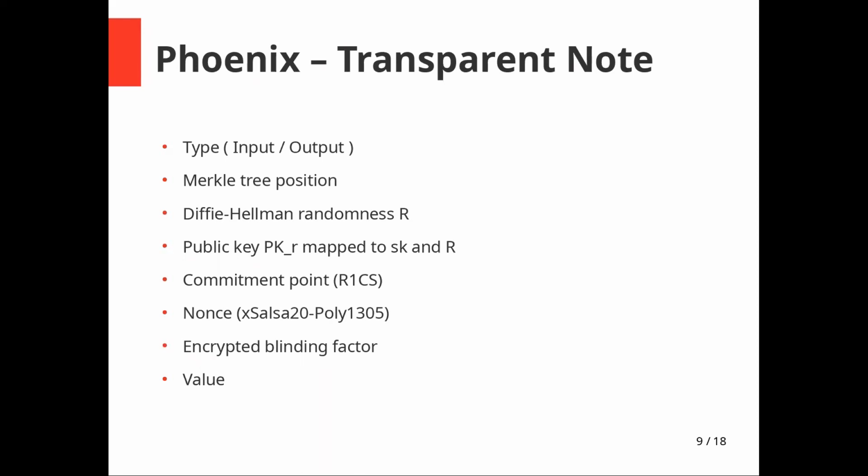And we also encrypt the blinding factor to comply with the standard of the obfuscated node. So there is no implication in that. Anyone can access the value of a transparent node, but nobody except the owner of the node can access the blinding factor that was used to create that.